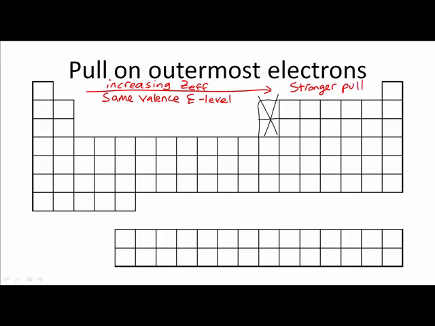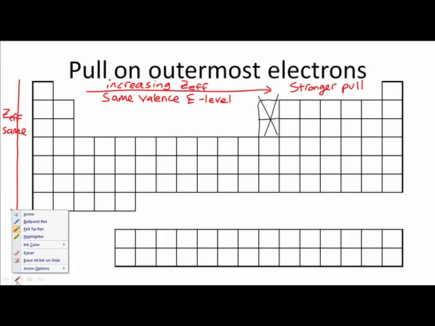As we go down the periodic table, what's happening to Z effective? Constant. And what happens to valence energy level? As you go down, what happens to valence energy level?